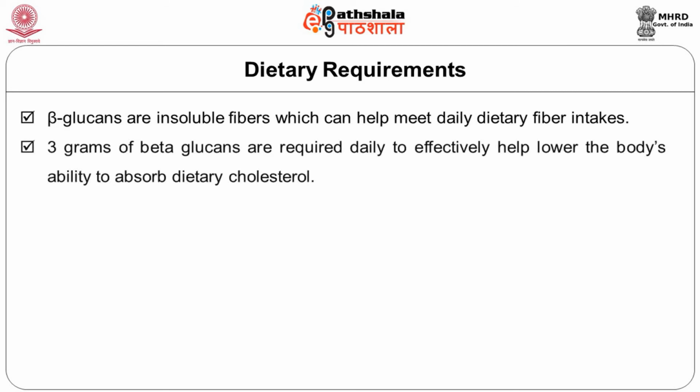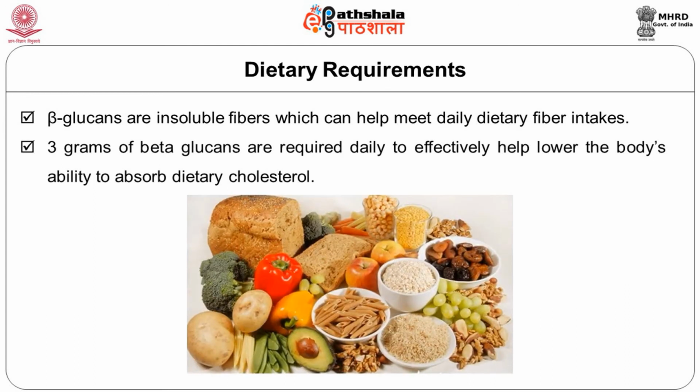However, 3 grams of beta-glucans are required daily to effectively help lower the body's ability to absorb dietary cholesterol. And we should understand, India is primarily a vegetarian country. More than 80% of Indians consume plant foods as a source of their diet.